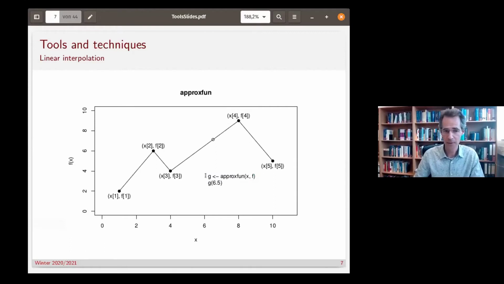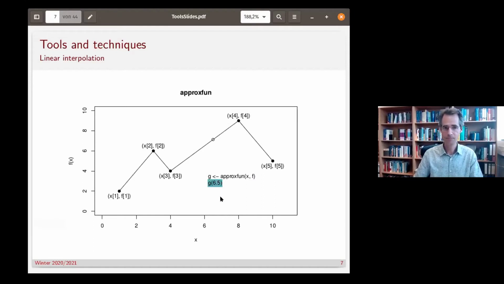So if I would like to evaluate this function g at point 6.5, I would simply say g at 6.5, or g of 6.5. And then I would get the functional value at 6.5. I could also use a grid or a vector of points where I would like to evaluate the function g. And in that case, I would get as a return a vector of functional values at the linear interpolated points.